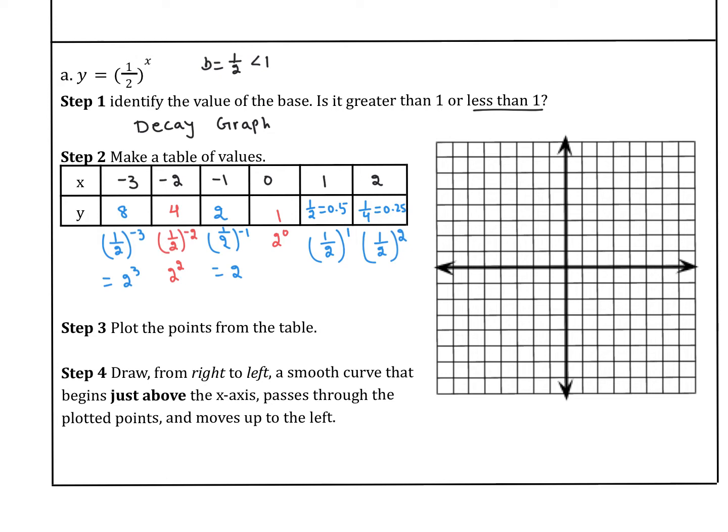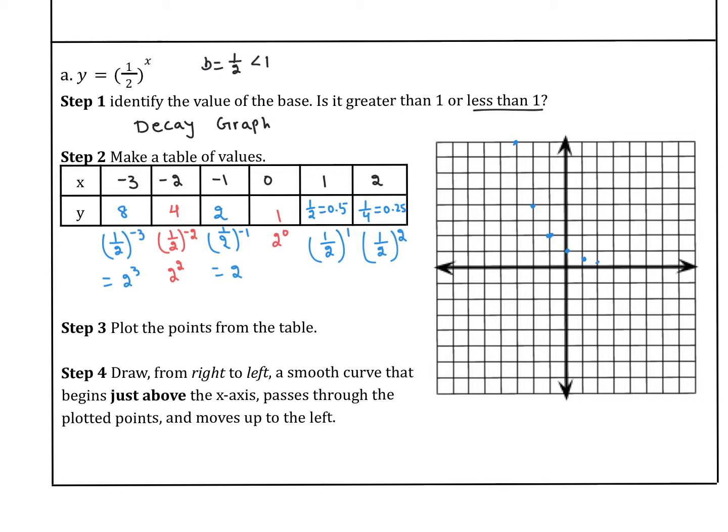So if you start from the left end, you have -3 and 8: 1, 2, 3, 4, 5, 6, 7, 8. So that's going to be (-3, 8), (-2, 4), (-1, 2), (0, 1), (1, 0.5), and (2, 0.25).